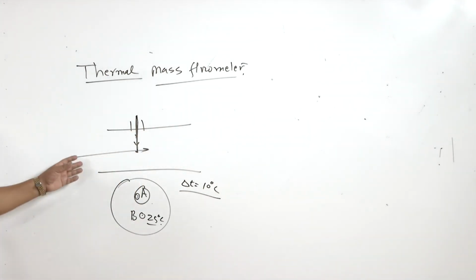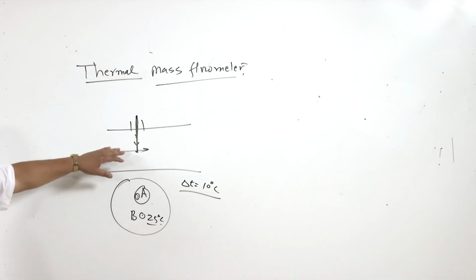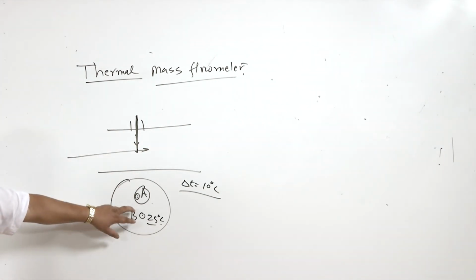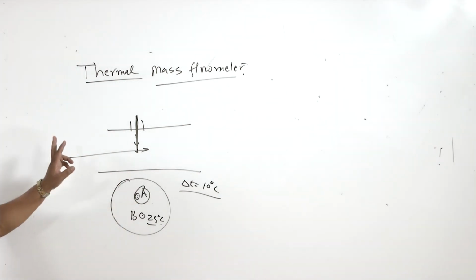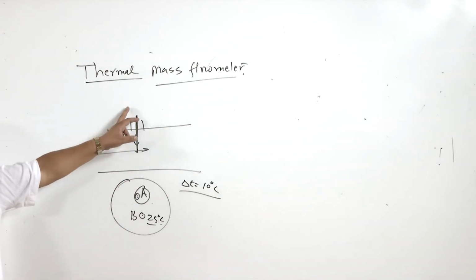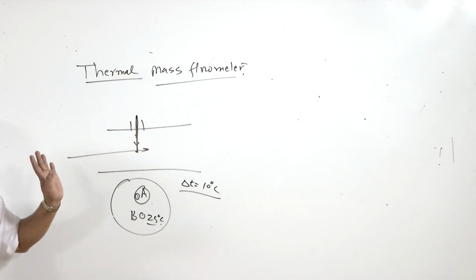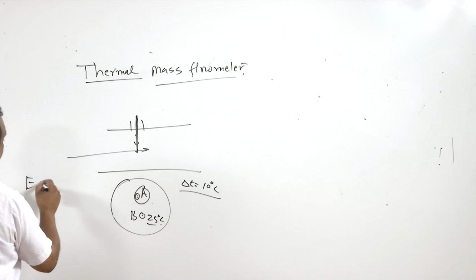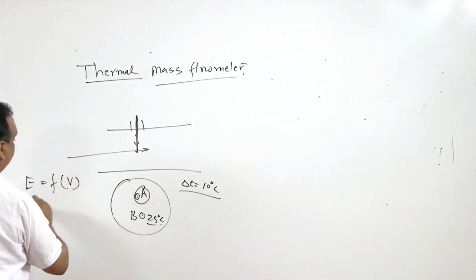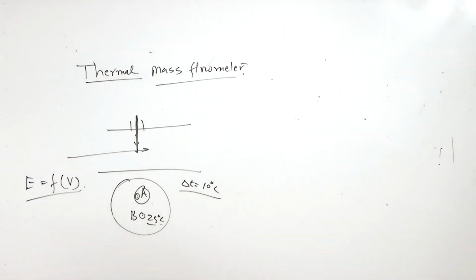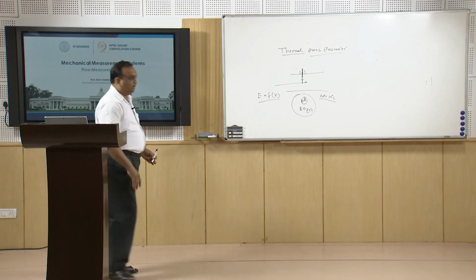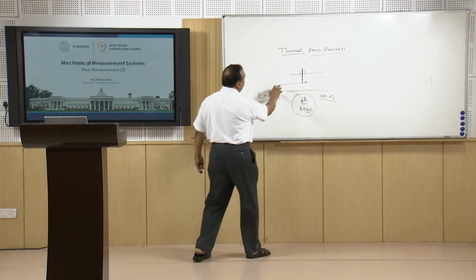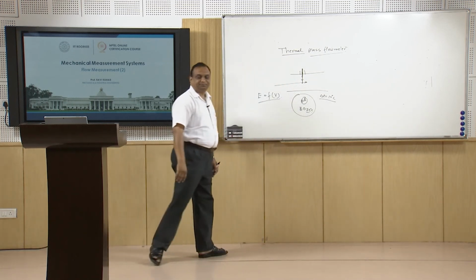If we decrease the velocity, then energy transmitted to this electrode will decrease in order to maintain the temperature difference of 10 degrees centigrade. Now, we can relate the velocity of the fluid with the energy supplied to the electrode, and this energy supplied is a function of velocity of the fluid. And this is how we can find the velocity of the fluid in the thermal mass flow rate meter.